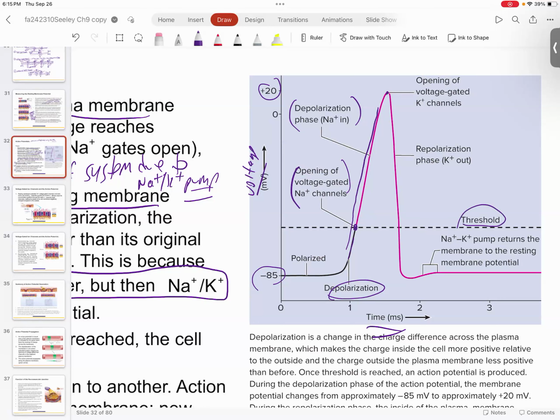Now then, you're going to get up to a certain peak where you're going to open up then your potassium channels. This allows for the reset. It's like a counterbalance to the inrush of sodium, right? Because you don't want sodium to rush completely inside. Otherwise, you're going to just completely blow the system. So what happens is the potassium gates open up. The potassium will flow out during the repolarization event, and this will basically balance out the sodium inrush.